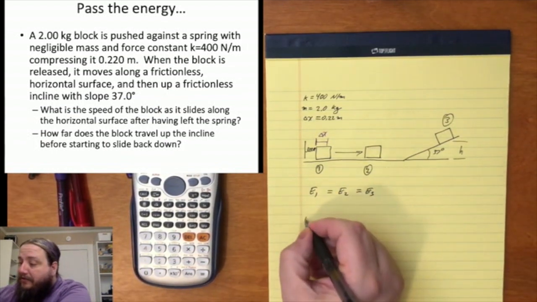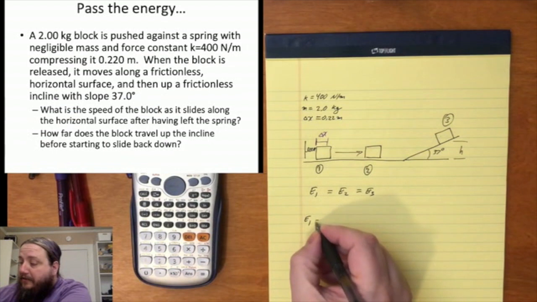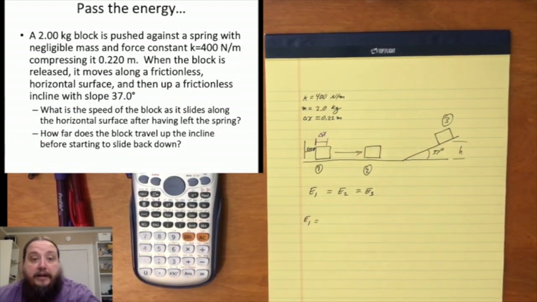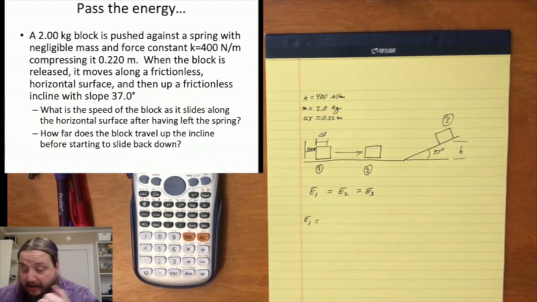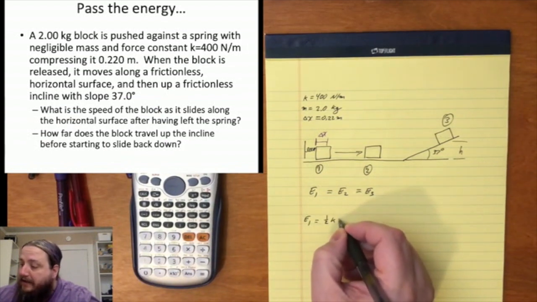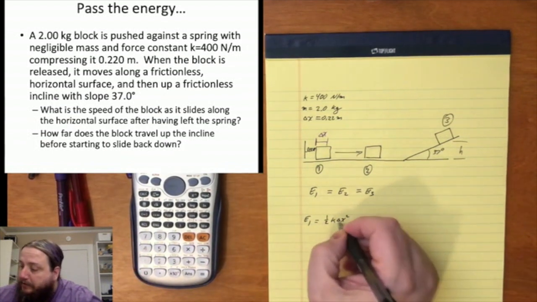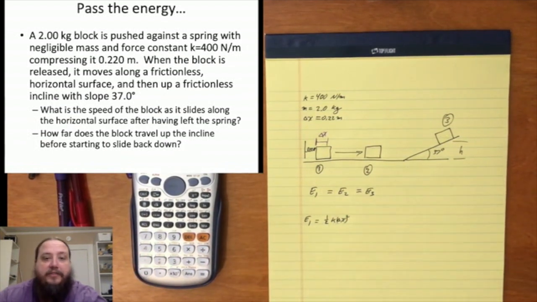Well, what is the energy at moment 1? Is there a spring being compressed or stretched? Yes, there absolutely is. So there is a 1/2 k delta x squared term there. That's the elastic or spring compression energy.